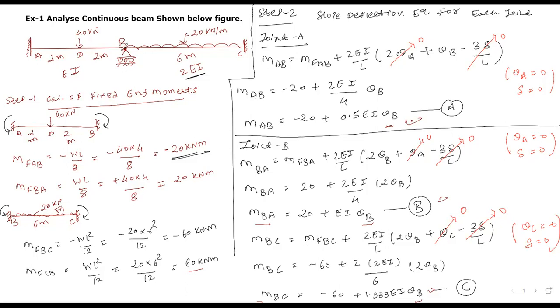Yes, sir. Okay, now actually point B is a roller support, but can we say that your joint B is an intermediate one? Yes, sir. Now just think, a continuous beam.